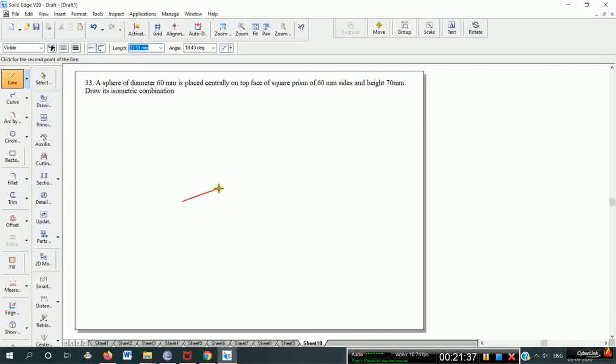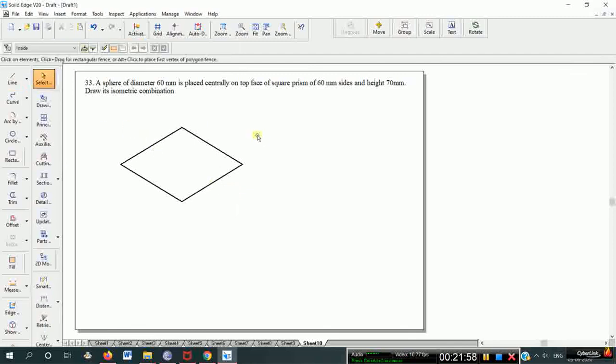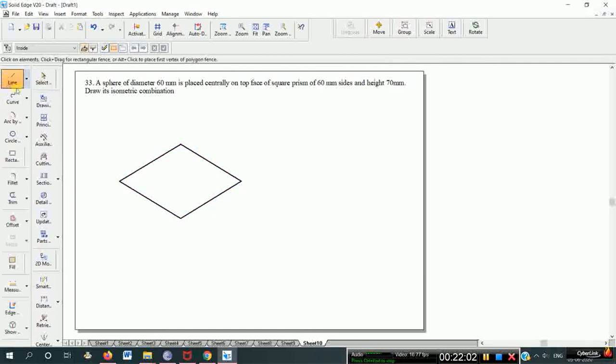So I construct the prism first, 60 mm base sides. You can construct either upward, or, if you consider this as the top face, construct the bottom portion.